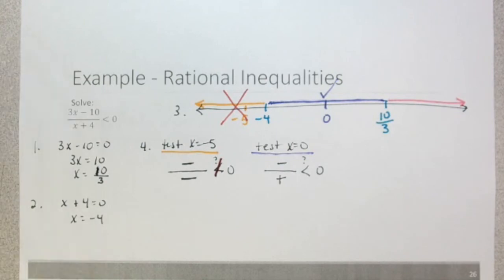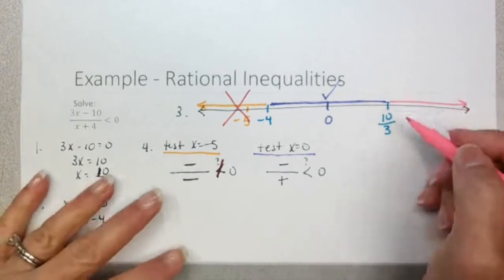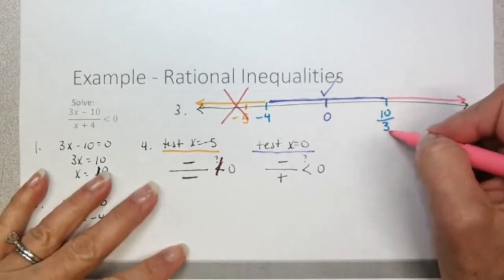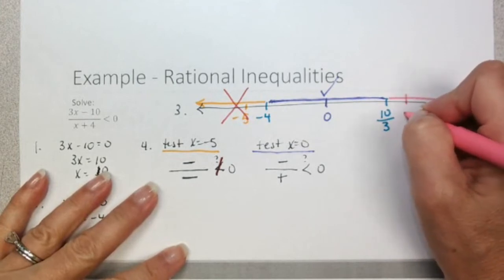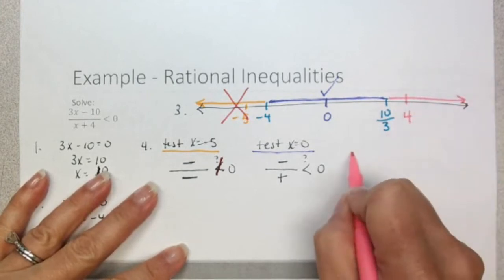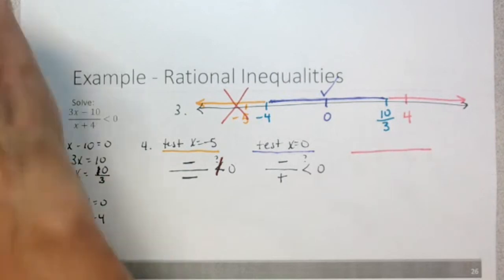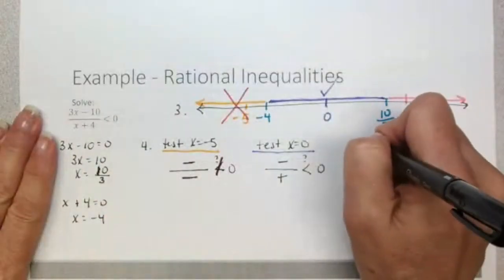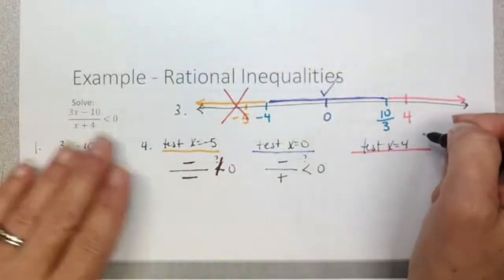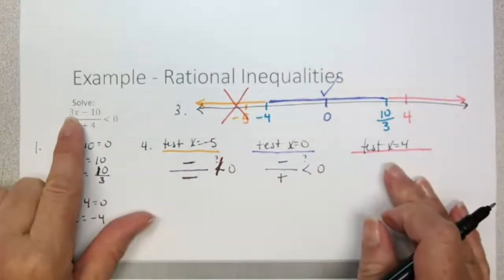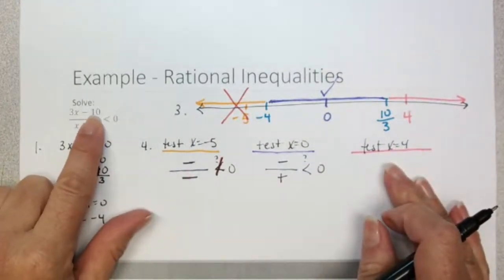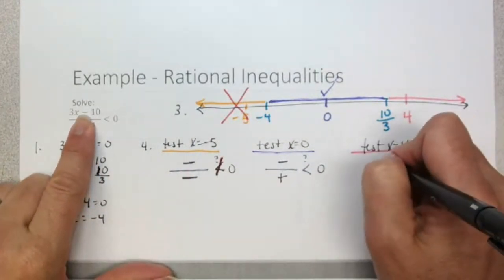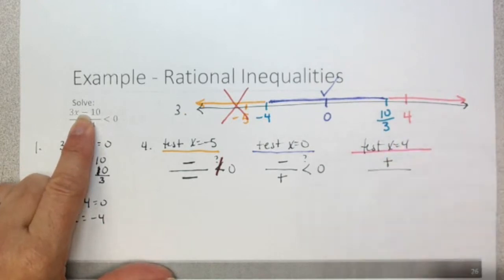And then there is one last interval to test. Let's look at this pink interval. If 10/3 is about 3.3, why don't we use x equals 4 as our test value? All right, we'll test x equals 4. If x is 4, then 3 times 4 is 12, minus 10 is positive 2, so my numerator is positive.